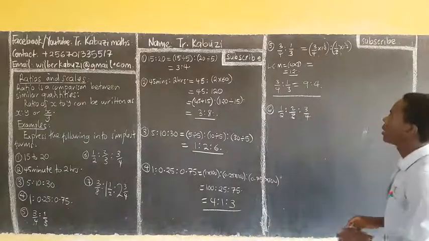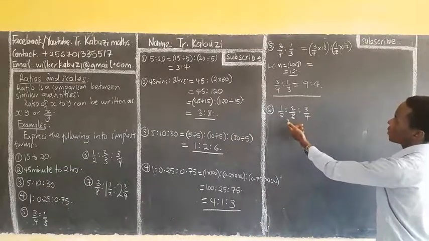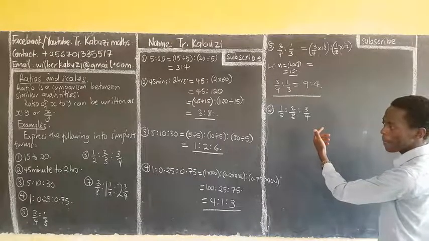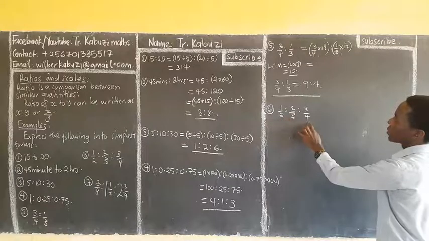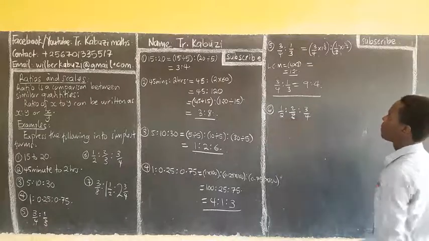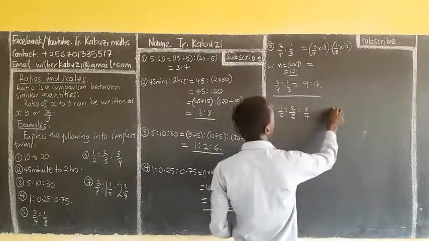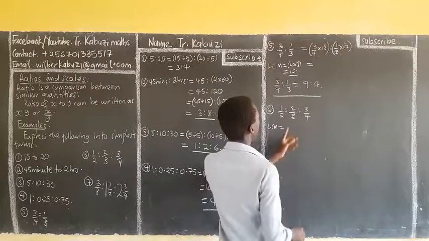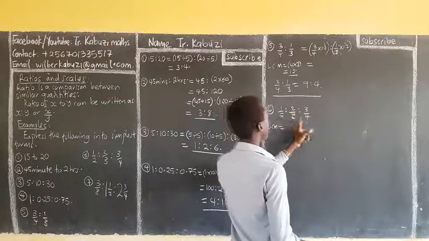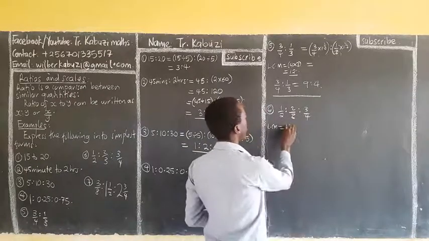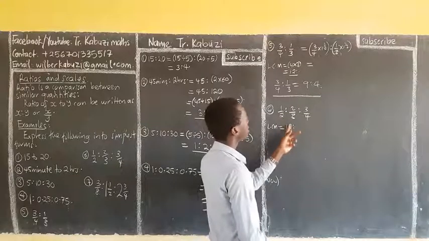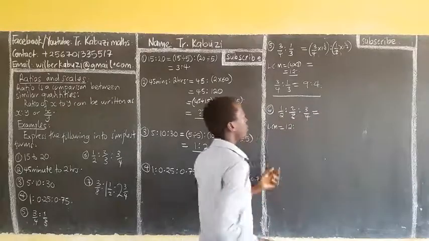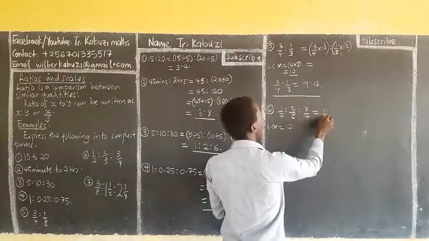What is our LCM here? This is contained in here, so our LCM is going to be 12, because this 2 is in here, and this is in here. So I just get the LCM of these, then I multiply through by this LCM in all these fractions.